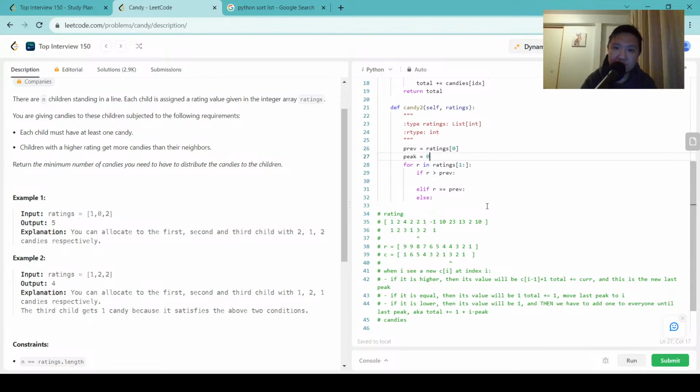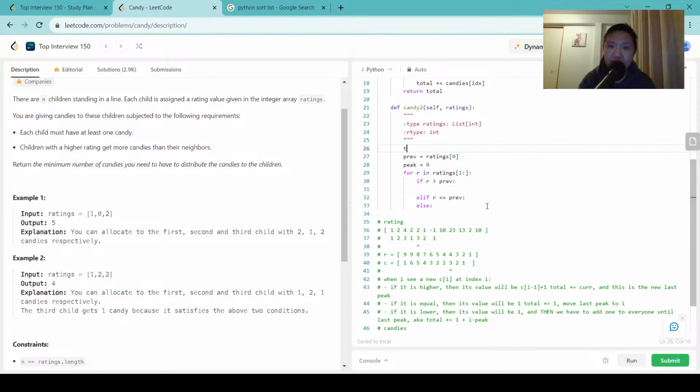I think this should be 0. Okay, we can check out logic later. So if it's higher, then total equals 0, right? Total equals 1, because the first guy gets 1 candy to start with.